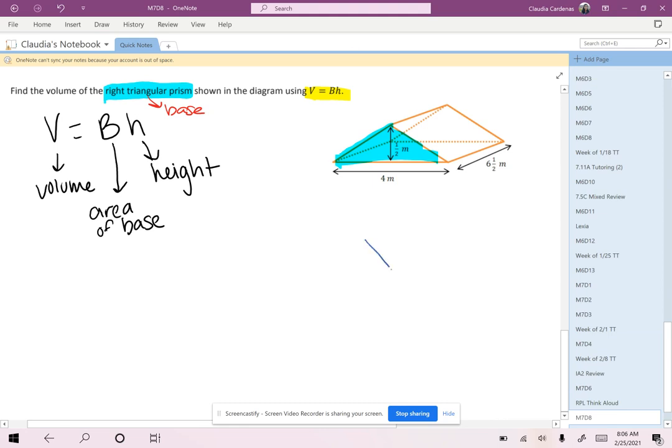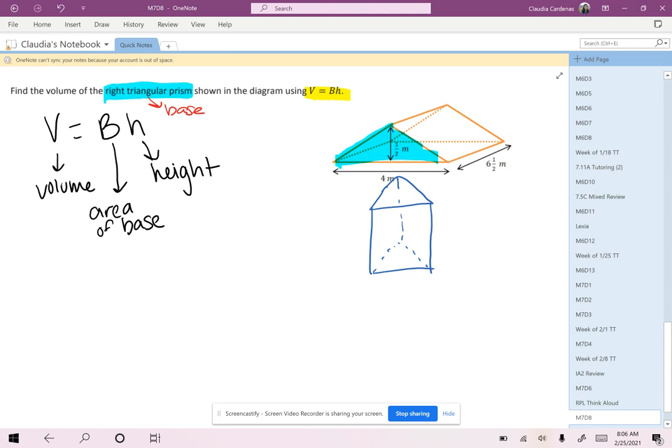So if I redrew it to show that the base was on the top and the bottom. Okay, oops, sorry. It's been a little bit since I've drawn triangular prisms. So this would be like if I brought it straight up and down, right, and flipped it back over to show that the two parallel bases are in fact triangles.